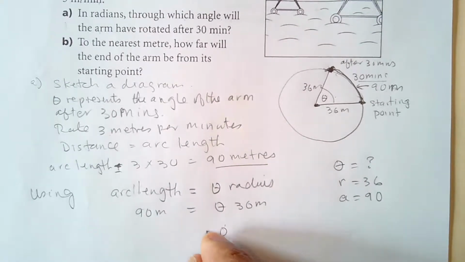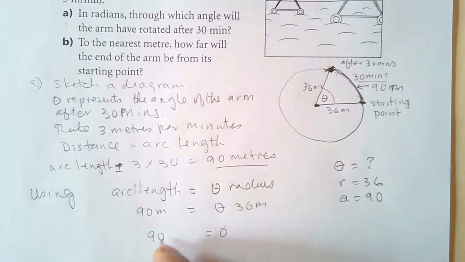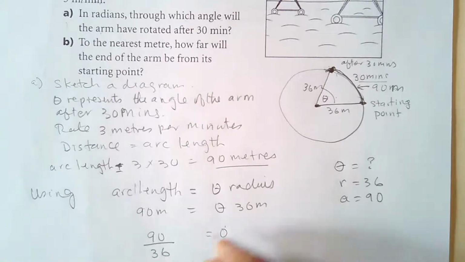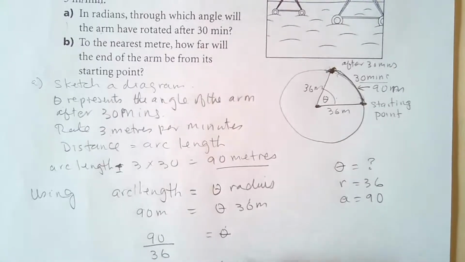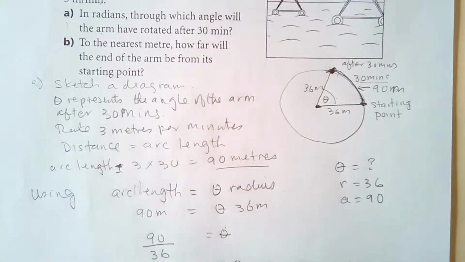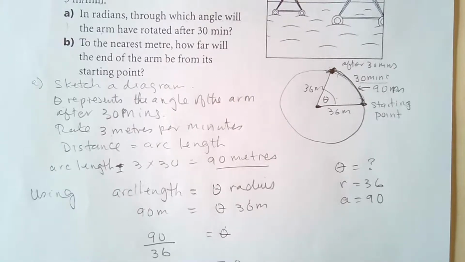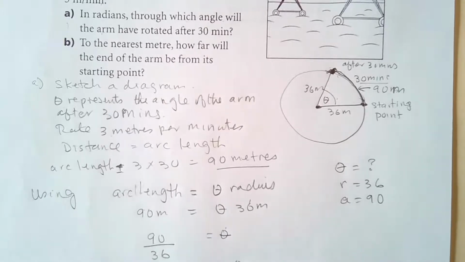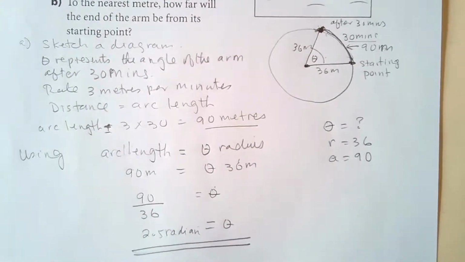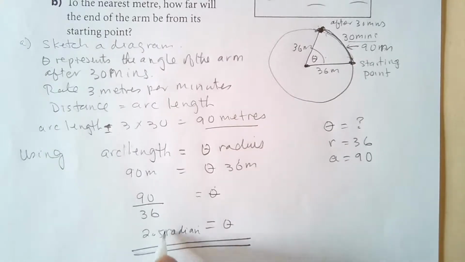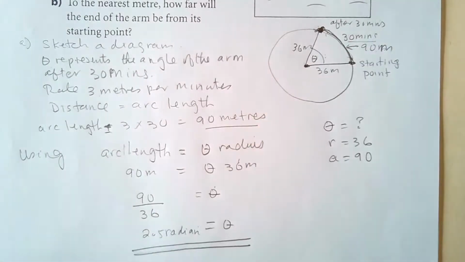So theta is equal to 90 divided by 36, which is 2.5 radians. So this angle is 2.5 radians.